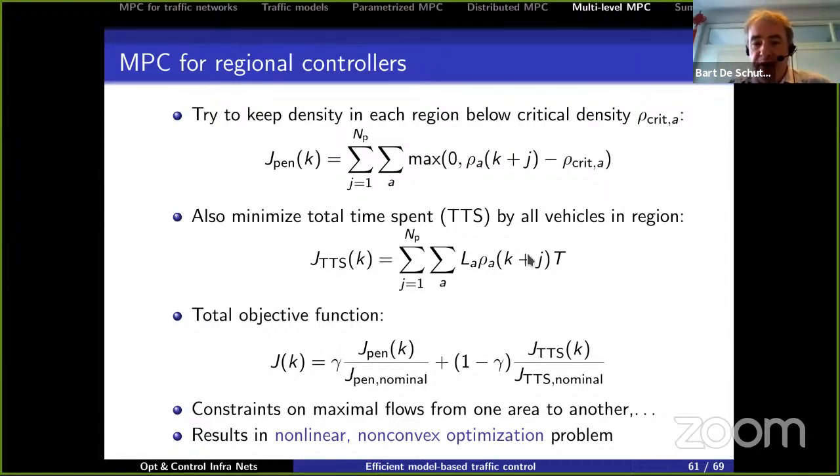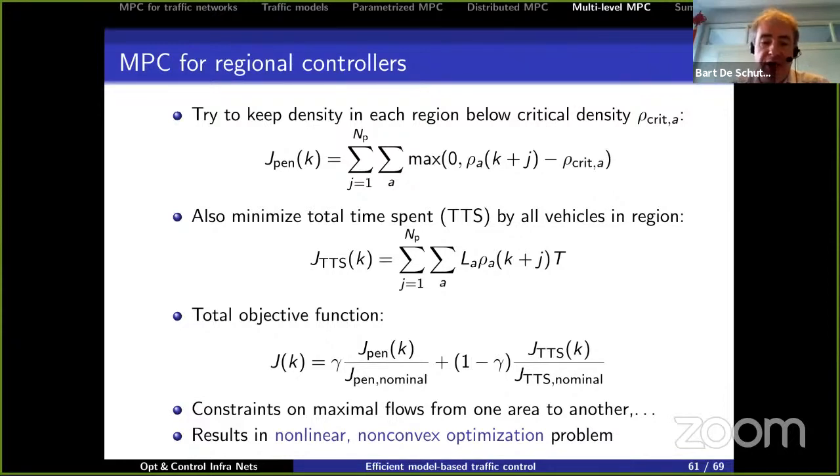That total time spent is equal to the number of vehicles in the network multiplied by the length of the local network multiplied by the time step. And in general, you would take a weighted combination between preventing congestion and minimizing the total time spent. So this gives the following total objective function.